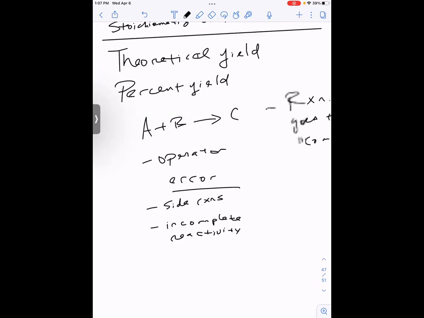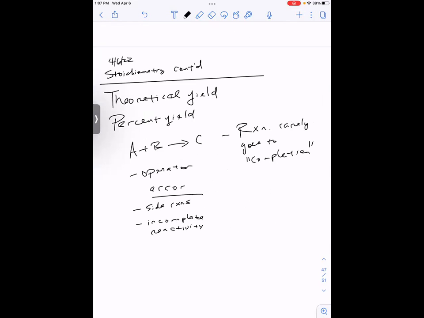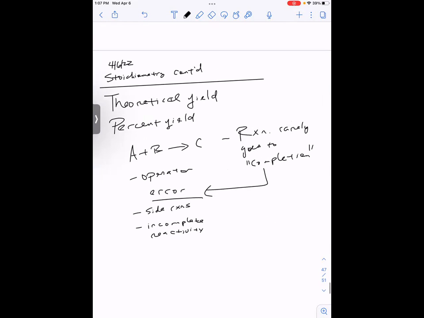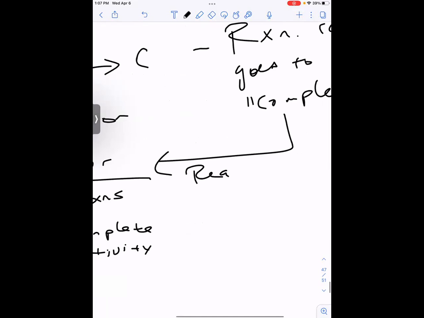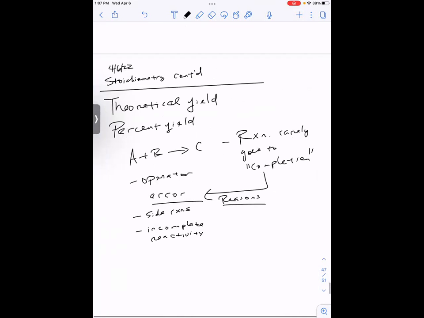Maybe one of your starting materials is not activated or not highly reactive, and so it only reacts partially with the other starting material to give you that product. So there are a lot of reasons why reactions don't go to completion. But you rarely get a 100% yield for a given reaction.